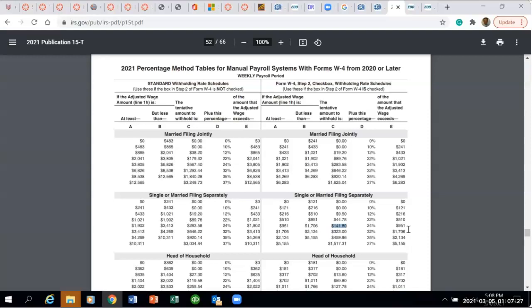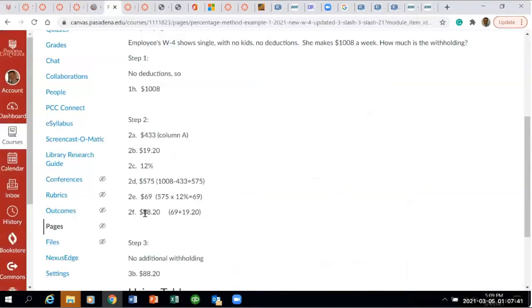So if just that box was checked, then the tax withholding would be 155.48 compared to 88. It's not double, but close to it.